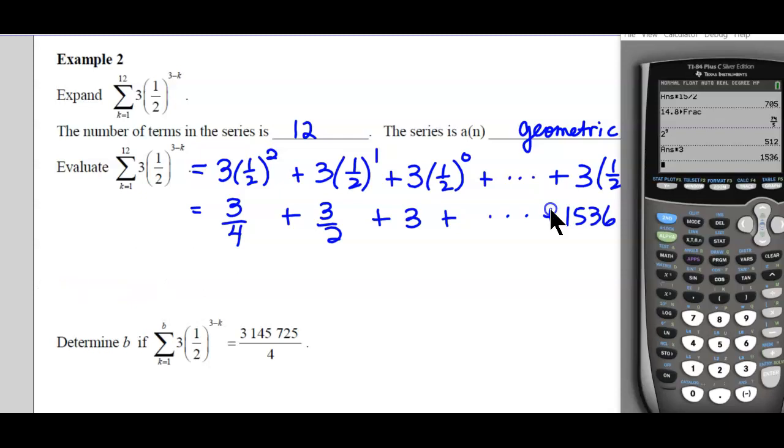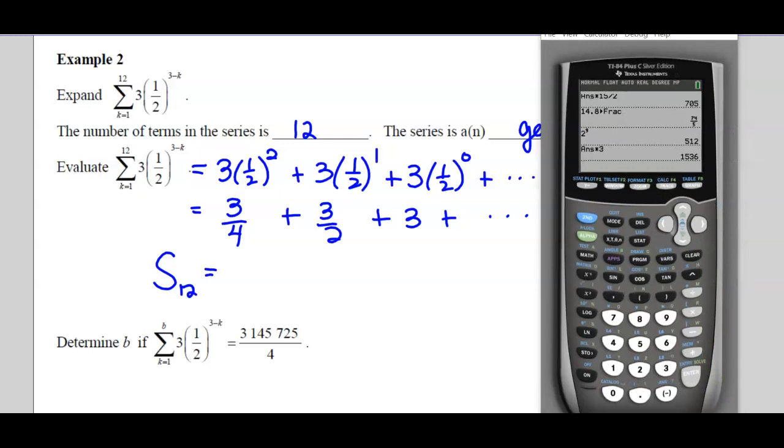Yep, to get the common ratio, take two consecutive terms, the second one divided by the first, or the third one divided by the second. Okay, so for the sum of the 12 terms, you have a couple of choices.